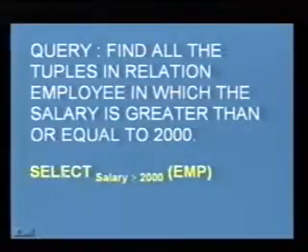That is, we will write the word select followed by the condition that salary should be greater than or equal to 2000, and we will write the name of the relation EMP in parentheses. So here selection will be performed on the relation EMP with the condition that salary is greater than or equal to 2000. This will give us this result.